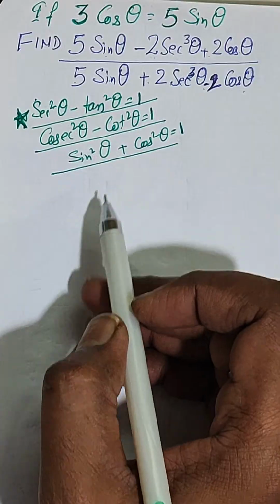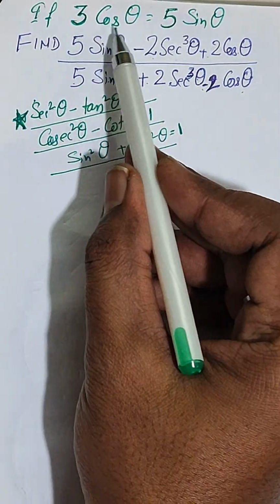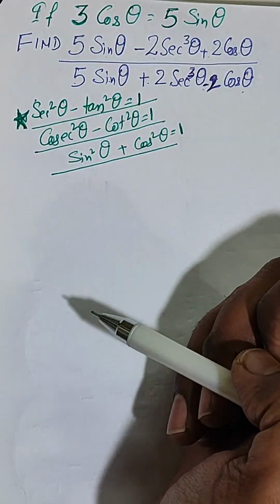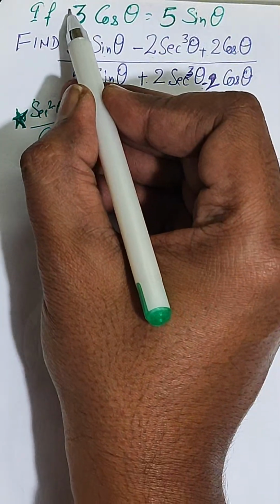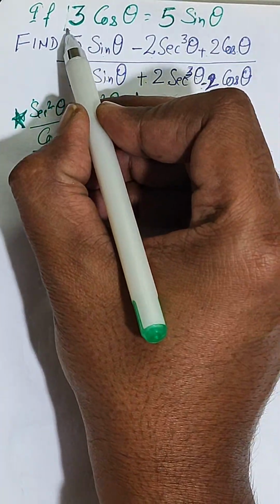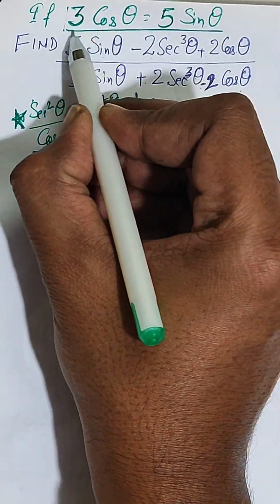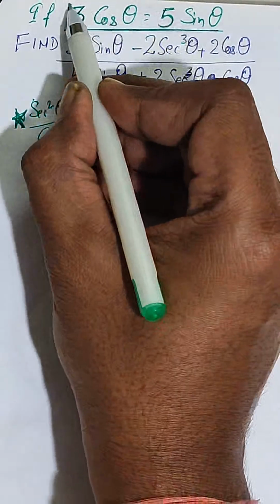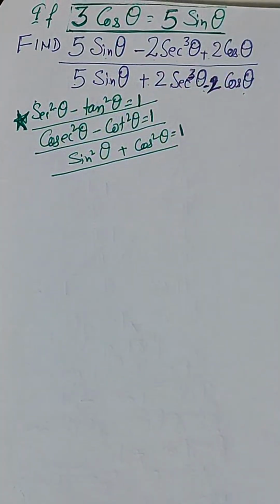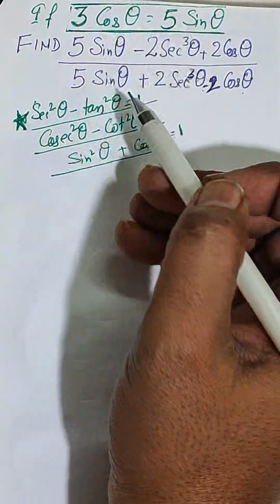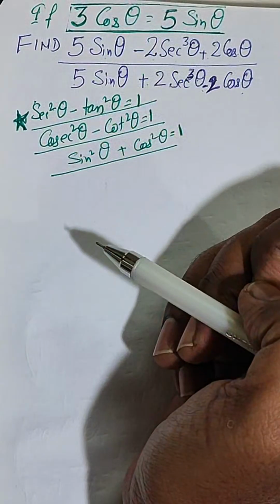So here you can see, 3 cos theta equals 5 sin theta, this is the data given to you. What does this show? If you push cos from LHS to RHS, then we will get the value of tan theta.